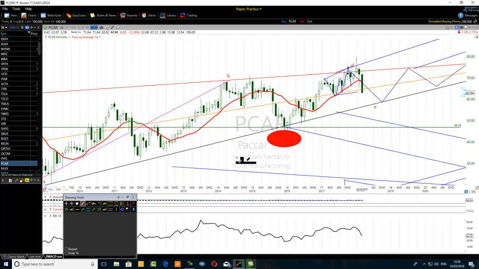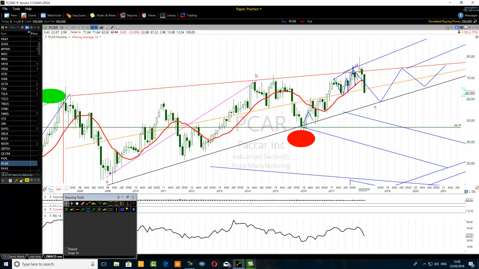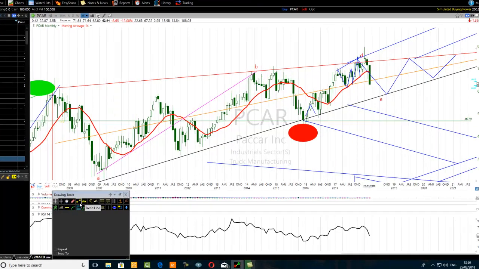So here you are, you count your 5 move in a triangle on the monthly chart. You are getting ready to buy. Now you go to the daily chart, and you see another triangle showing you a smaller triangle, 1, 2, 3, 4, 5, with similar, sometimes exact structure on the daily chart.